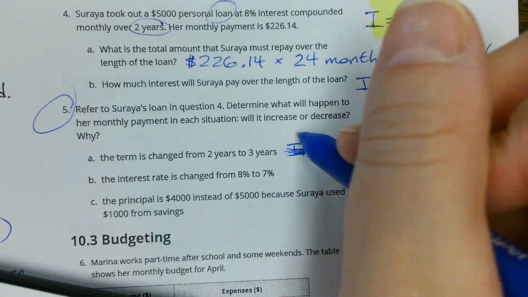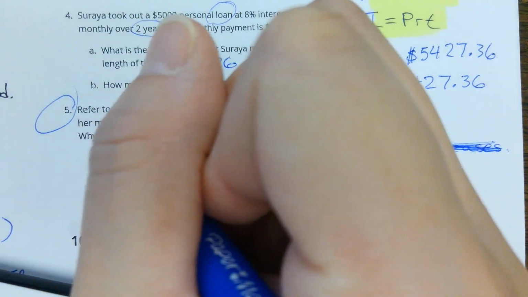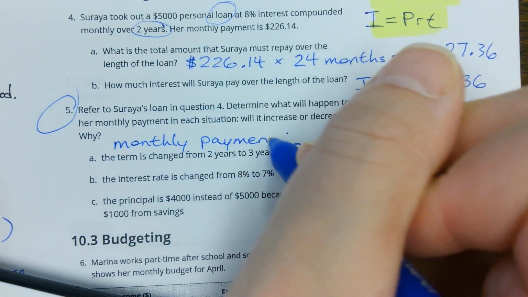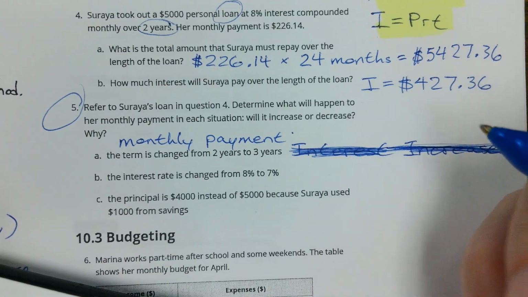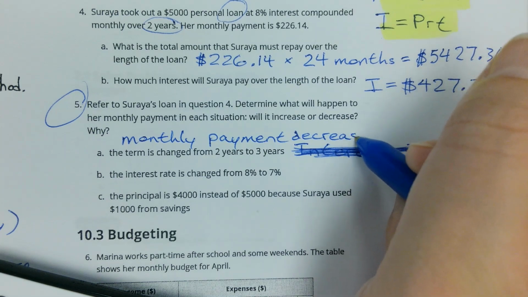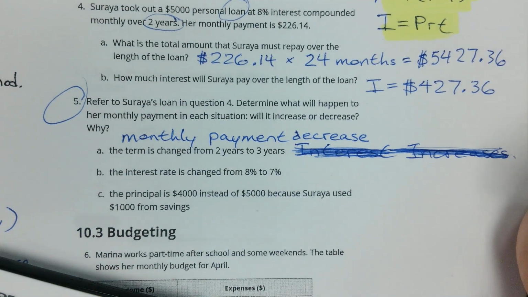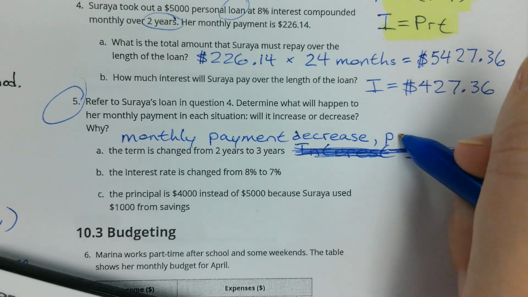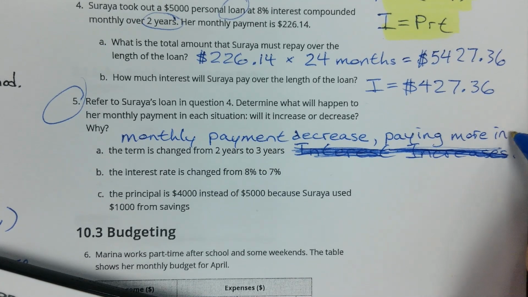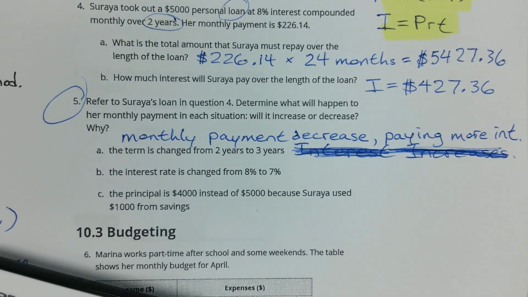So monthly payment, because you're dividing it by 36 instead of 24 now, will decrease. But overall, you will end up paying more interest, because you're taking longer to repay. So you have to pay more interest, but your monthly payment will be lower.